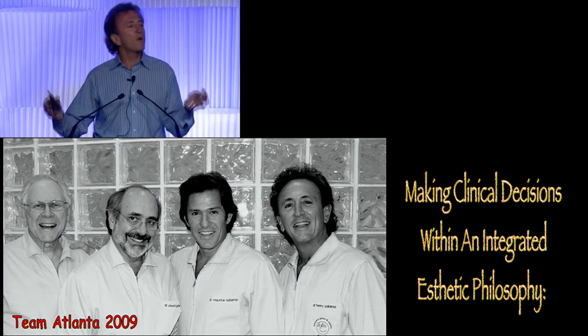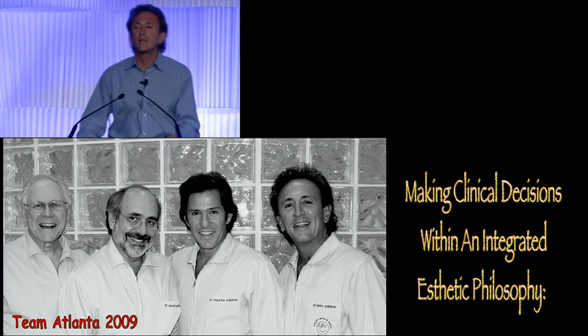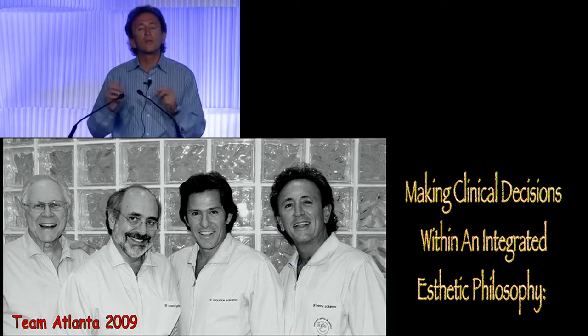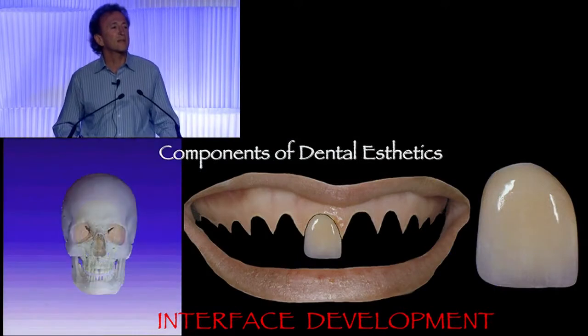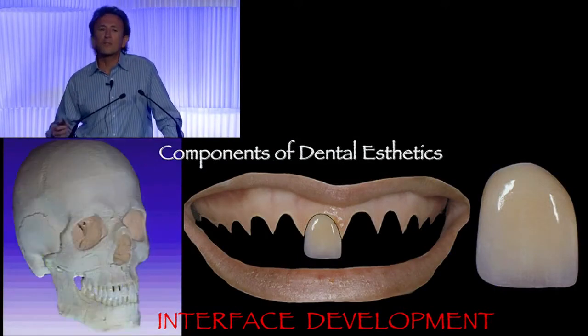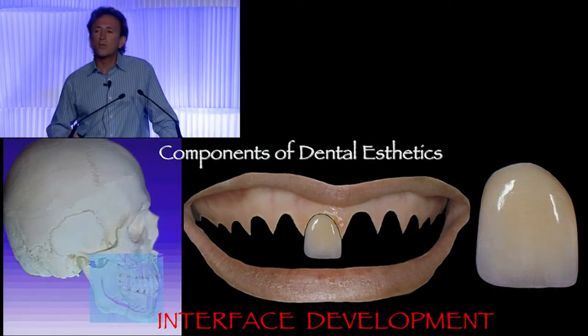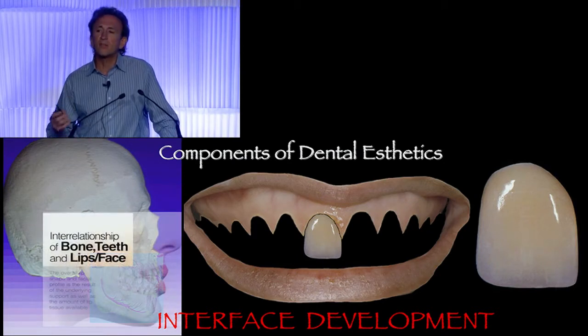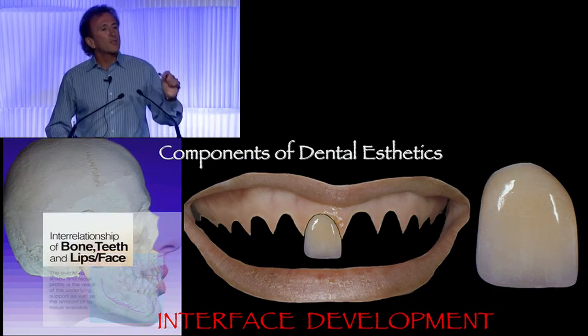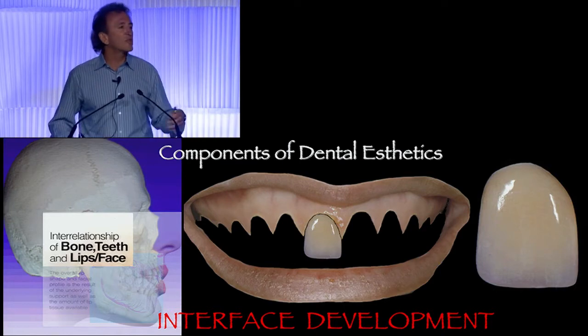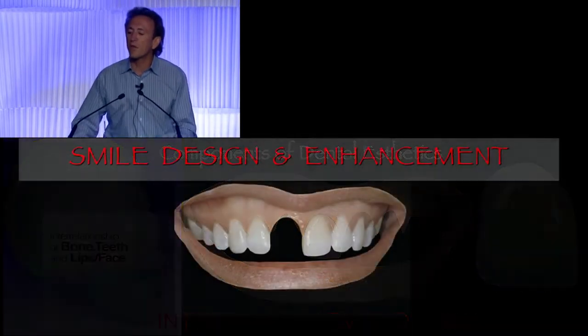So we take different components, different techniques, different philosophies, and put it all into developing an aesthetic restoration or aesthetic product in the end, integrating all the elements of bone and soft tissue within the lip perimeter and as it relates to dental-facial aesthetics. So ceramics, digital technology, adhesive technology is only a piece of the puzzle.